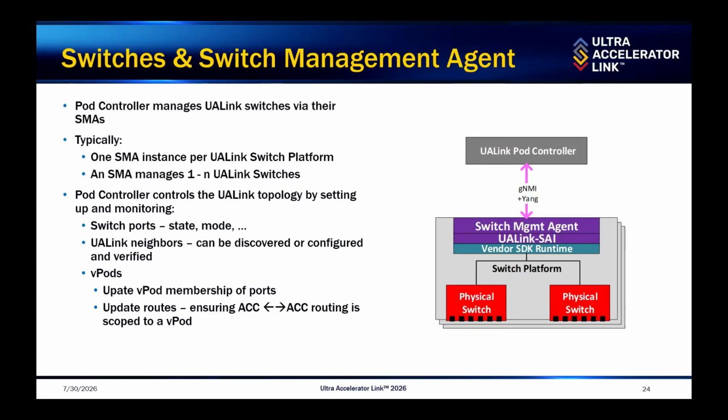And then you can either discover neighbors, in which case you trust the pod and say, okay, I'm going to just discover all the neighbors on either end. The accelerator has the switch as a neighbor and vice versa. Or it can be prescriptive based on policy. Say, I am expecting this specific accelerator ID or switch ID to be present on a given UALink link, and then verify that state and take actions accordingly.